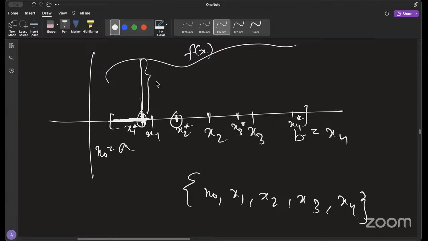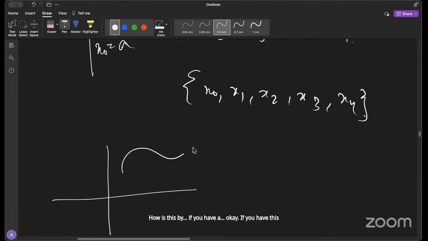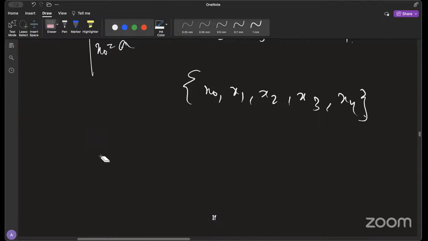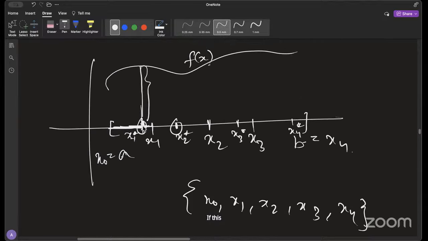If you have this graph, and I'm asking you what this height is. If this point is A, and this function is g(x), then what is this height? g(A), right? So if this point is x1 star, then this height should be f(x1 star). Yes, this is that height, f(x1 star).